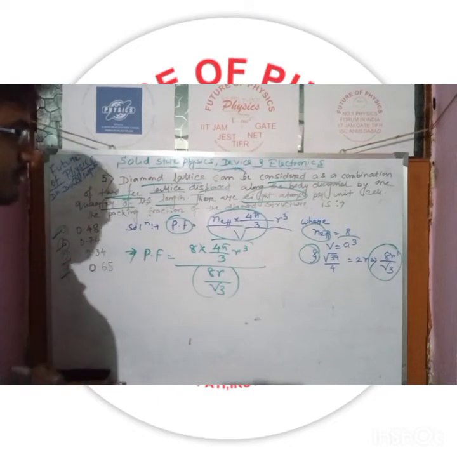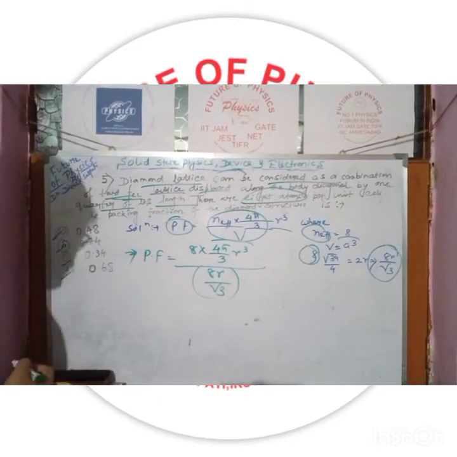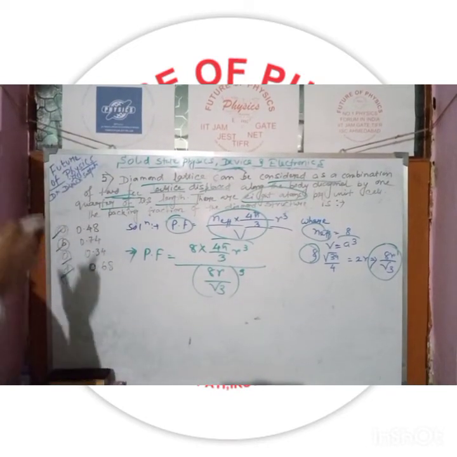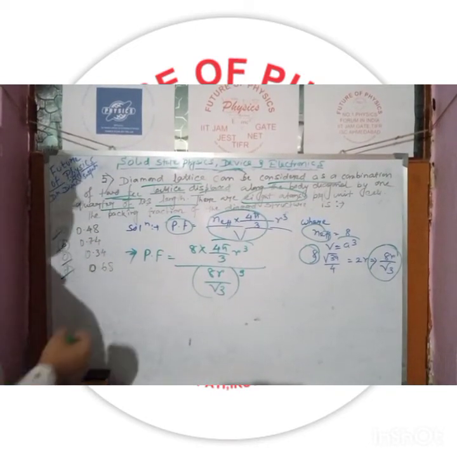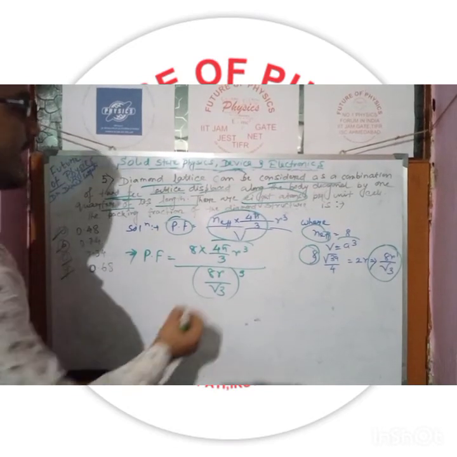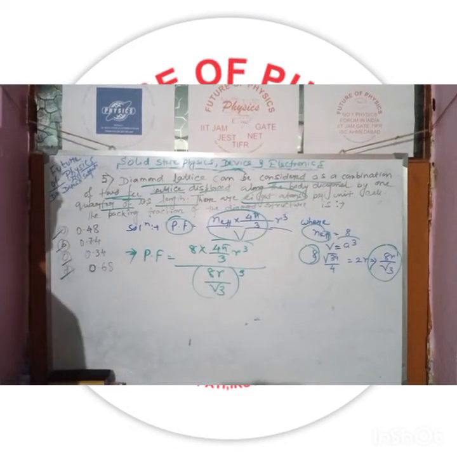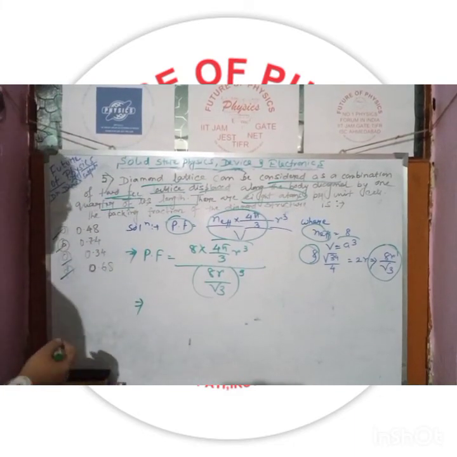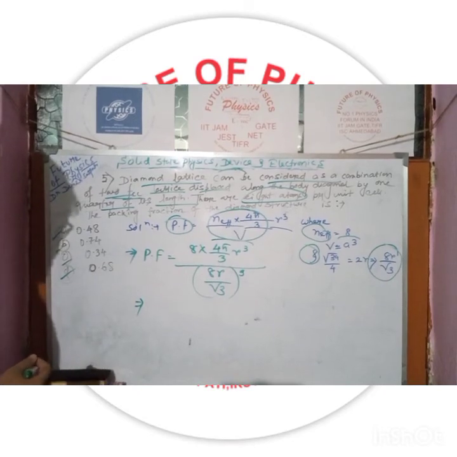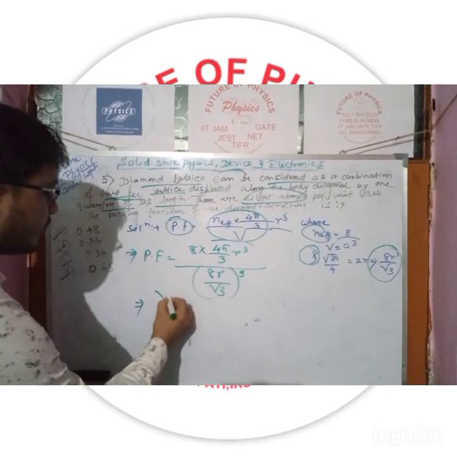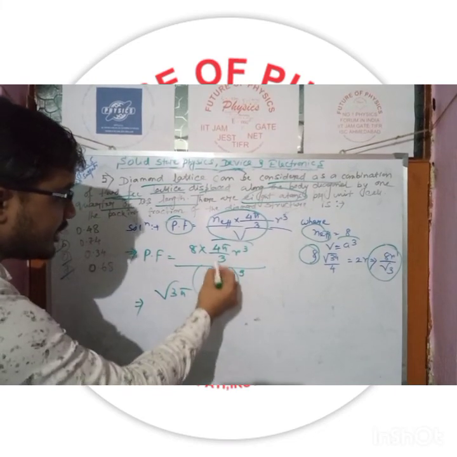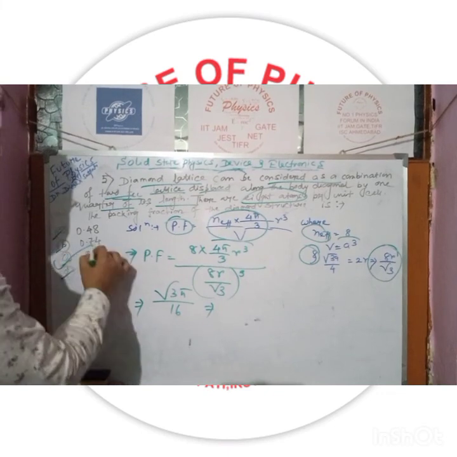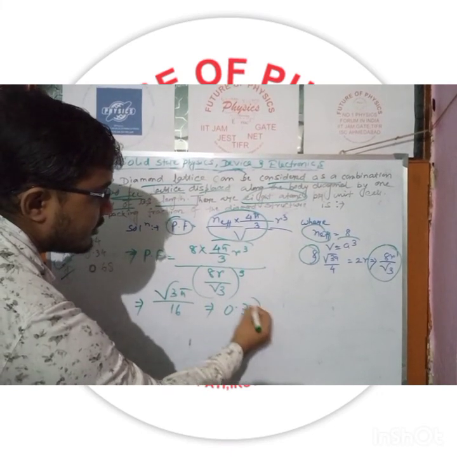Root 3 a by 4 equals 2R, so a equals 8R divided by root 3. Next step: PF equals 8 into 4 pi by 3 R cube divided by (8R by root 3) whole cube. Then this gives root 3 pi divided by 16, which equals 0.34. Option C is correct.